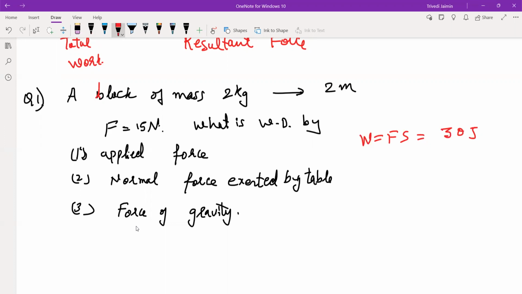Yes. What about the third one? 19.6. No, I don't think so, sir. Did you use the 9.8 value? That's why. Yeah, 9.8 value, that's fine. But I don't think so.